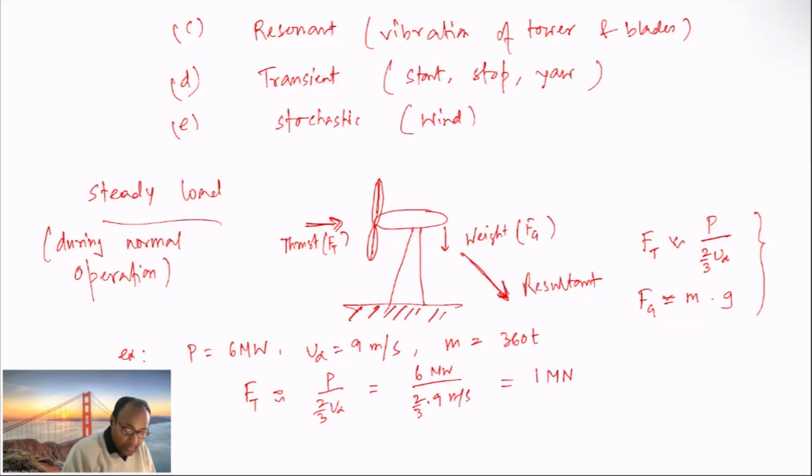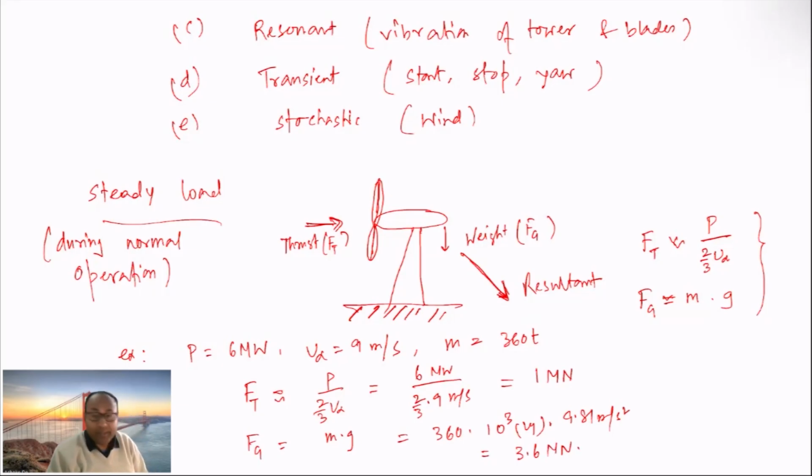And my F_g would be m into g, 360 into 10 to the power 3 kg, times 9.81 meter per second square. So this becomes 3.6 mega Newton. So that gives you an idea of the quantum of the forces that are going to act on a turbine.